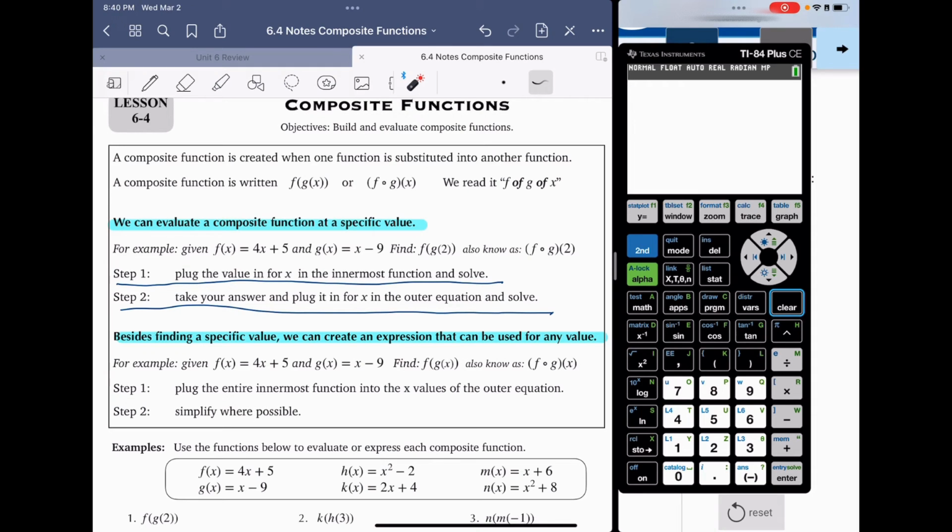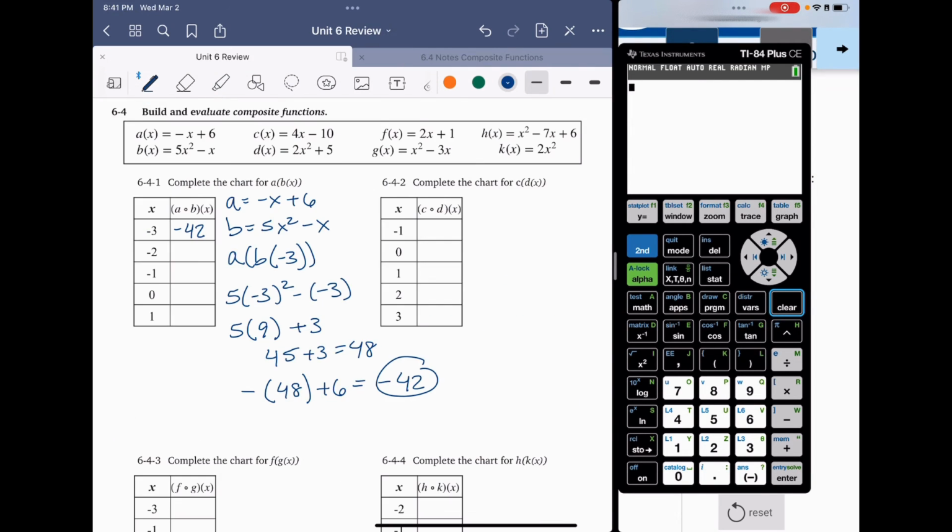To do that, it says first we're going to plug the entire innermost function into the x values of the outer equation. So we're going to plug all of b, which is our inner function, into the x value of our outer function a.